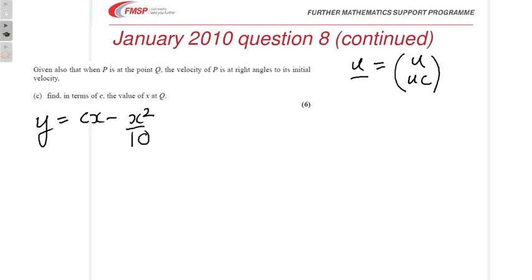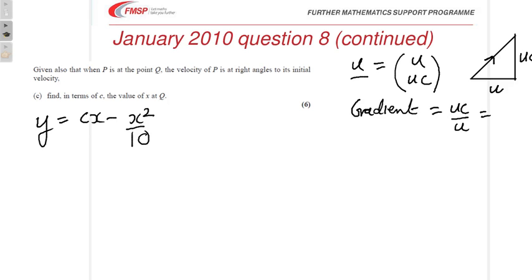In other words, the components look like this: U along, Uc up. That was the initial velocity. So the initial gradient of the curve was Uc over U, which is c.